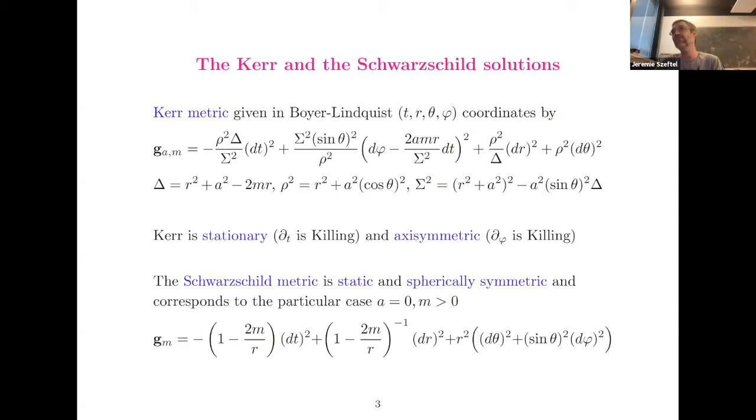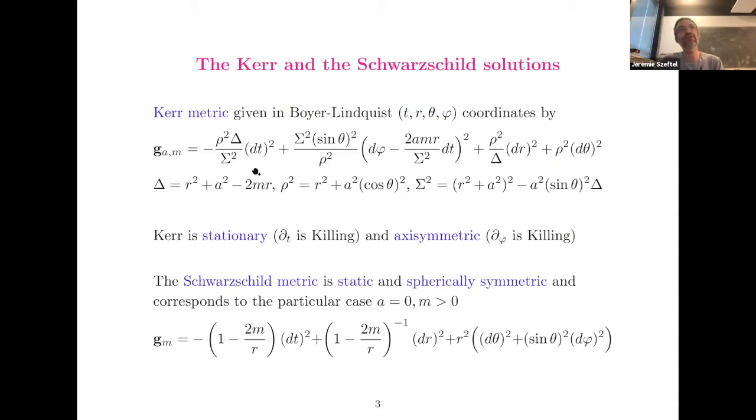So this is an explicit solution. Number one. Number two, it's a family. There are two parameters, a for angular momentum and M for mass. So it's a two-parameter family of explicit solutions, although checking that it's a solution would be quite difficult, except that nowadays we can use a computer.